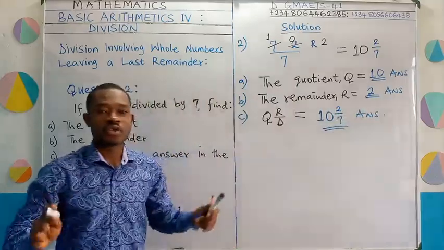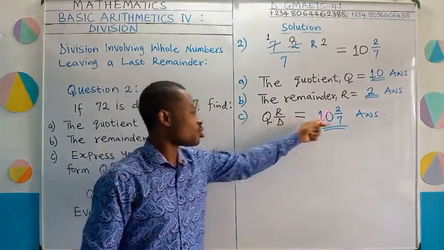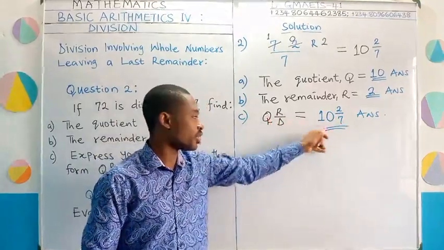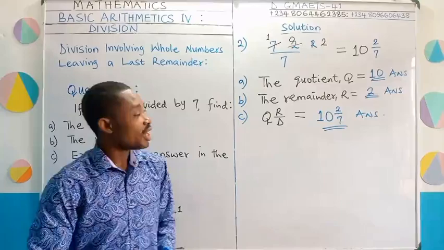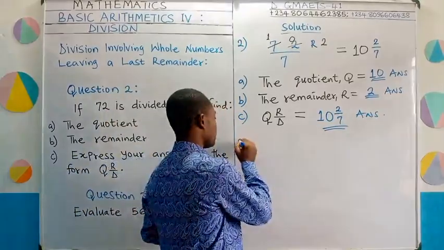Good. I'm done solving this question. So you see that our R is 2, our divisor D is 7, our quotient, which is the whole number of times, is 10. Okay, let's move on straight to the solution to question number 3.